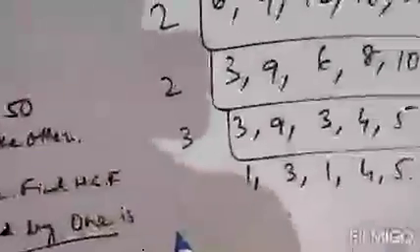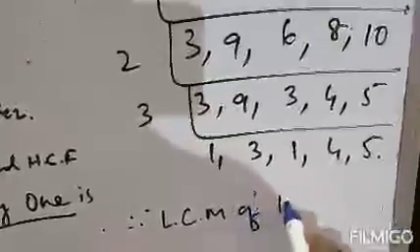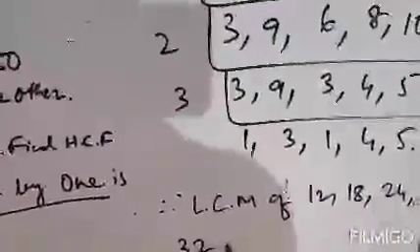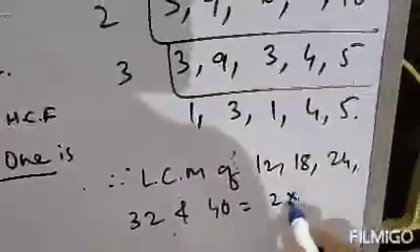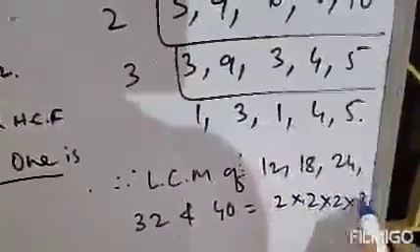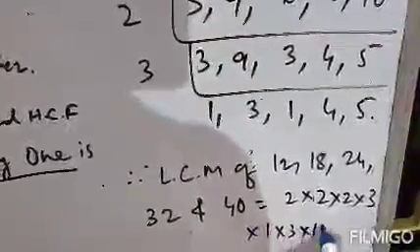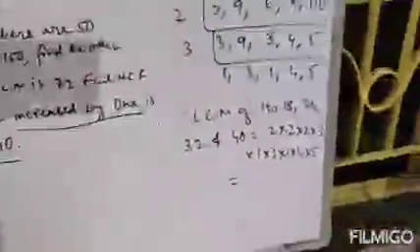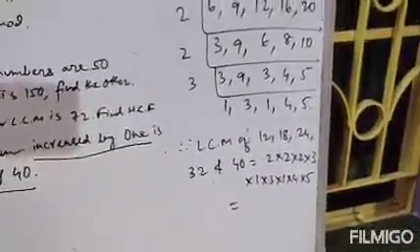Clear? So the LCM of 12, 18, 24, 32 and 40 equals 2 into 2 into 2 into 3 into 1 into 3 into 1 into 4 into 5.